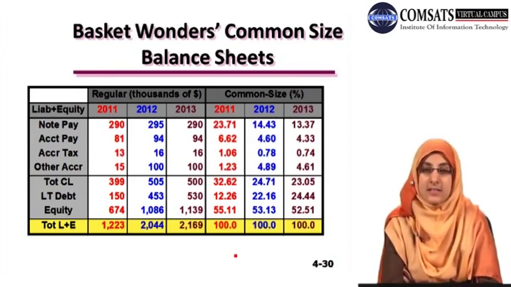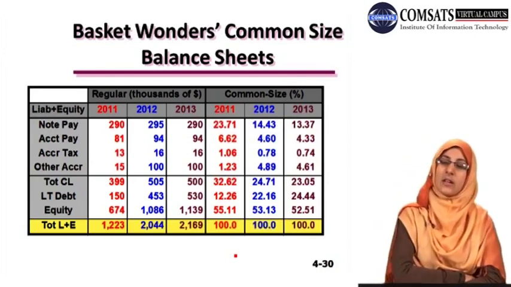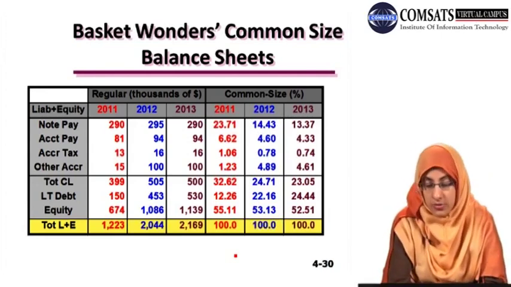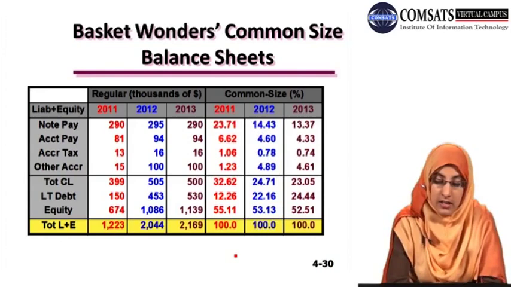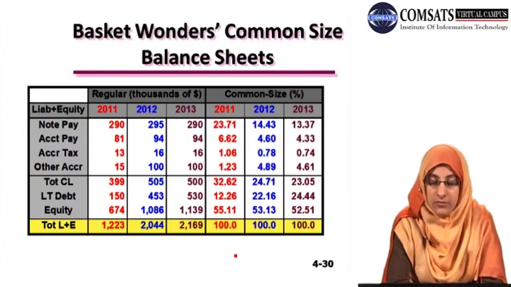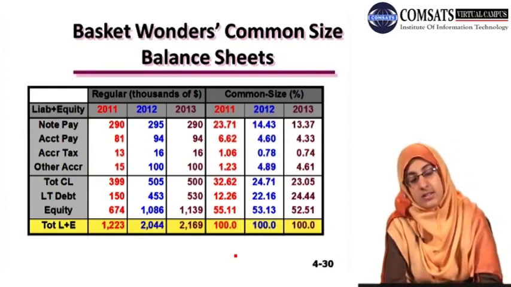For common size analysis on the liability side, we again divide each and every item by your total assets. 23.71 is the answer for 2011, and we find the value by doing 290 rupees or dollars divided by your total assets, that is 2169.